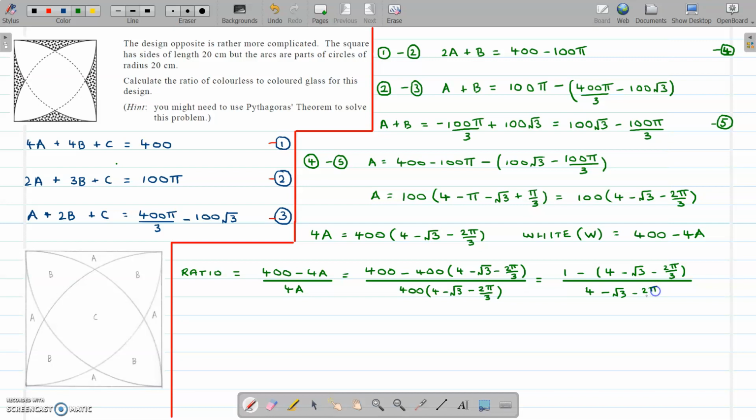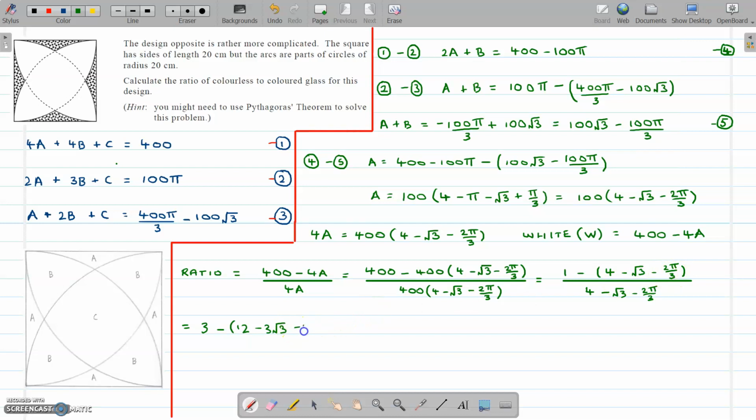Okay, so I'm now going to simply times everything in the numerator and denominator by 3, and that will clear the fraction. So it now can be written as 3 minus brackets (12 minus 3 root 3 minus 2 pi).